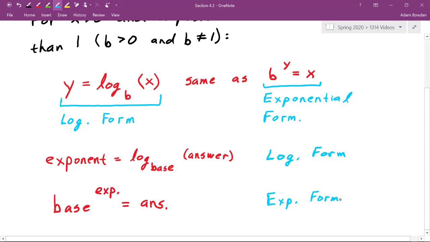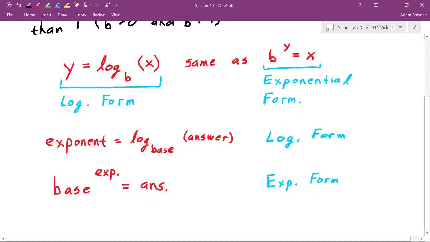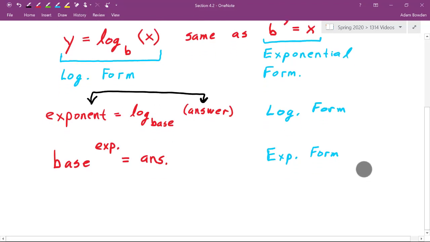So logarithms and exponential functions go together. To go from log form to exponential form, we swap the thing on the inside of the logarithm, which I'm calling the answer, with the exponent.